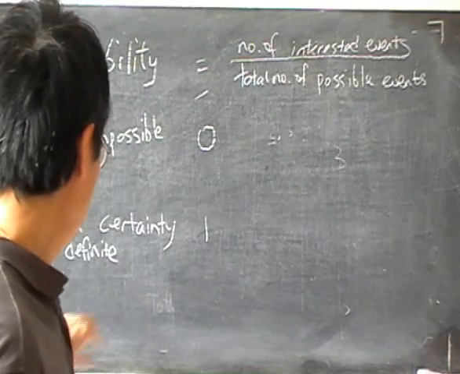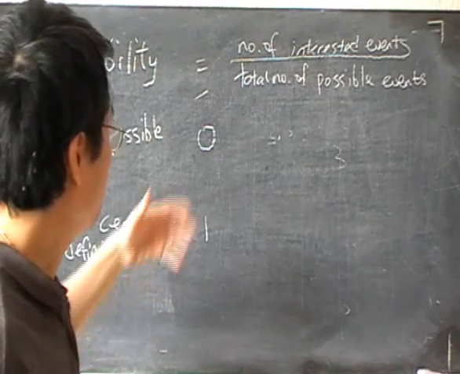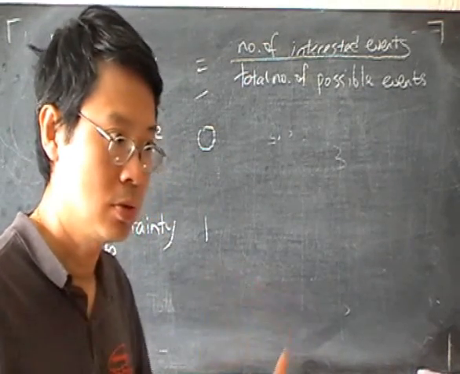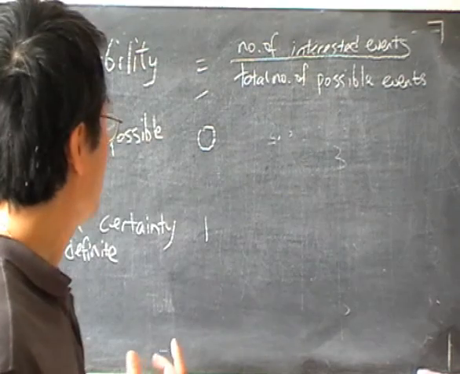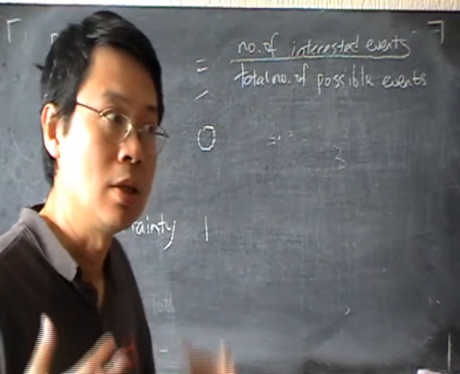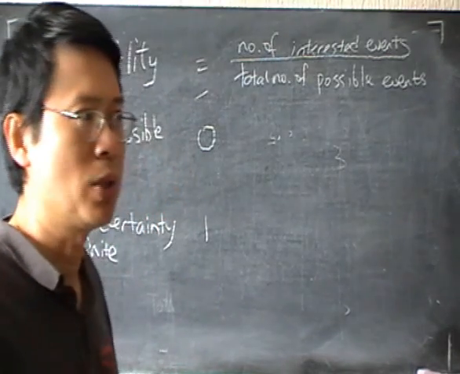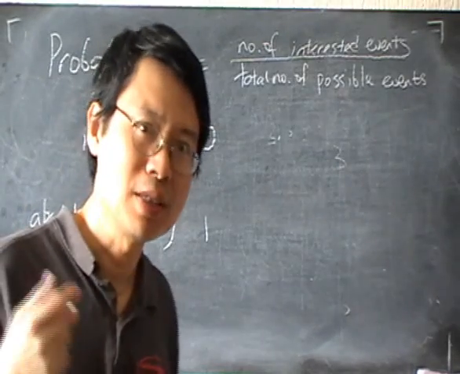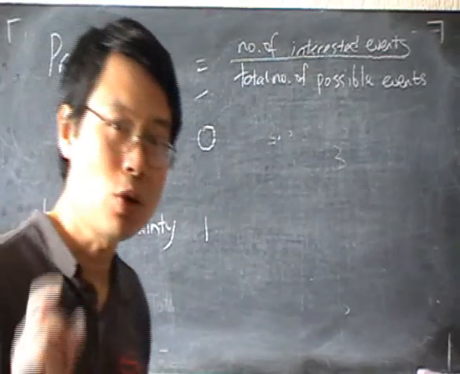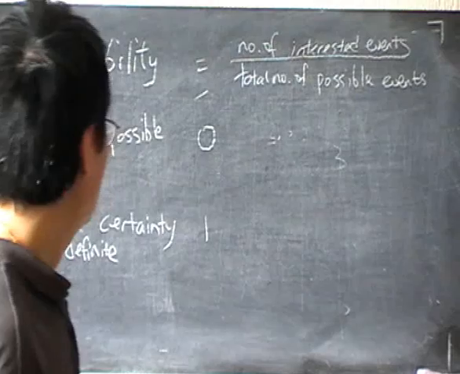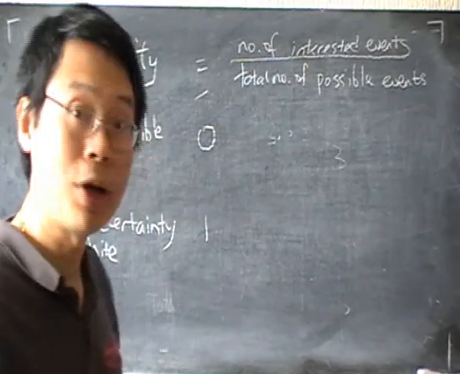So if you find that the probability is very close to 0 when you talk about an event, you may say that it has a very low probability, and we use words like it is possible but improbable. So that's the kind of thing that we mean. We really mean that the probability is not quite 0, but it's a very small number. Or if the probability is very close to 1, we might say that it is probable or very probable.